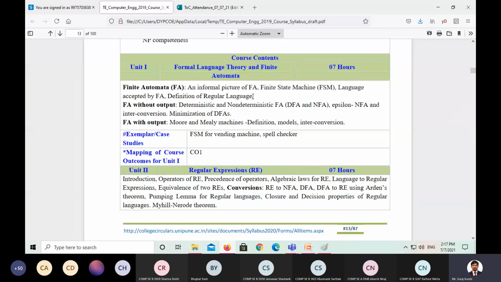That is the DFA and NFA. And with output, it is Mealy and Moore machine, where there will be some output for each state or for each transition. It depends on the machine which we are going to use. With Mealy machine, it will be on transition. With Moore machine, it will be with the state. So output will be associated with each state, or output will be associated with each transition. That we will see later on.